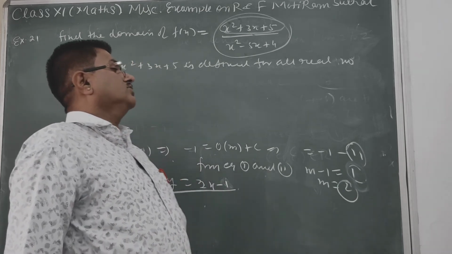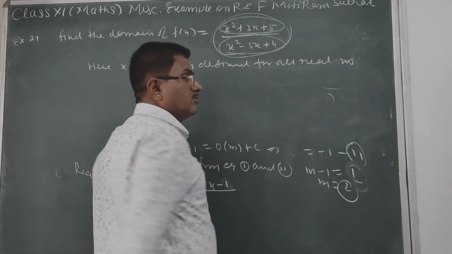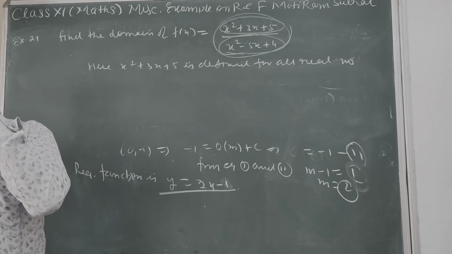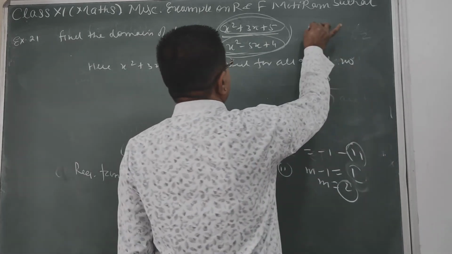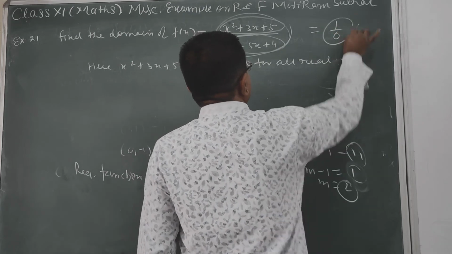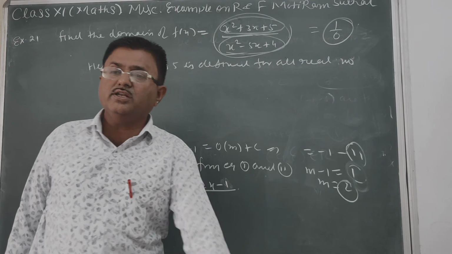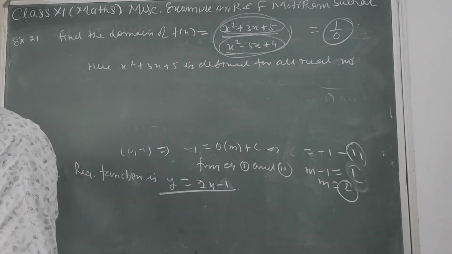But in the case of the denominator, it is also a quadratic polynomial, but as you know that when denominator is 0, any value is not defined. Suppose we are getting like this 1 upon 0 or 2 upon 0, or something divided by 0, which is not possible.